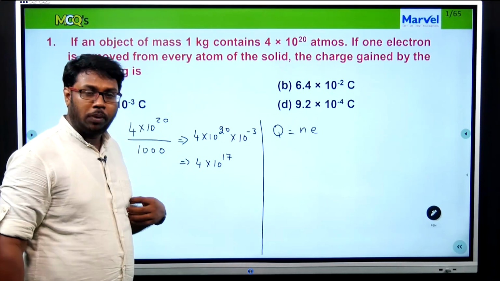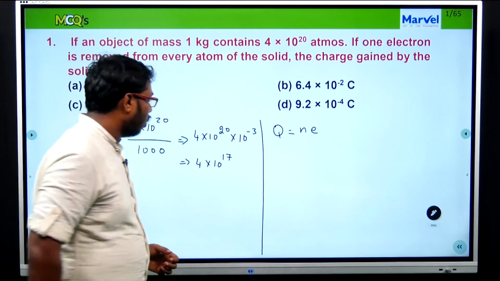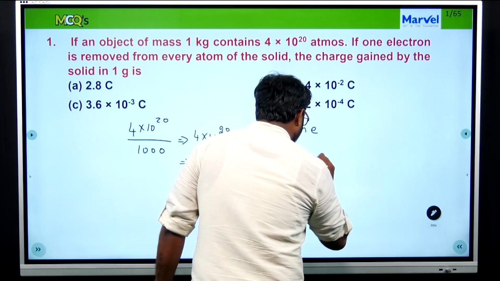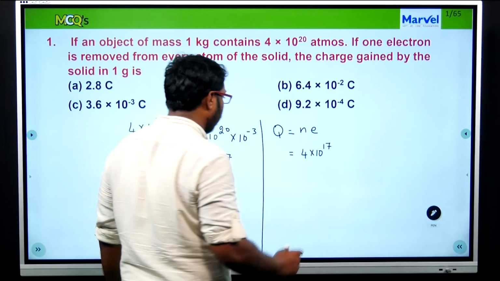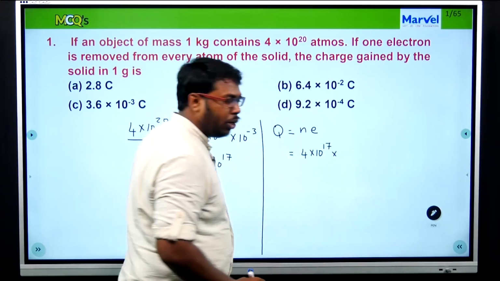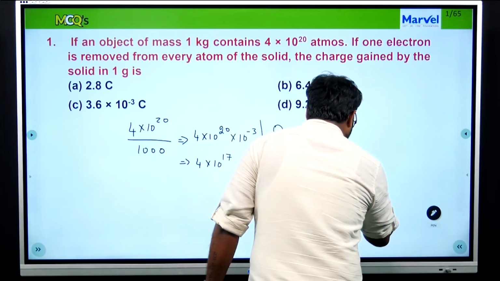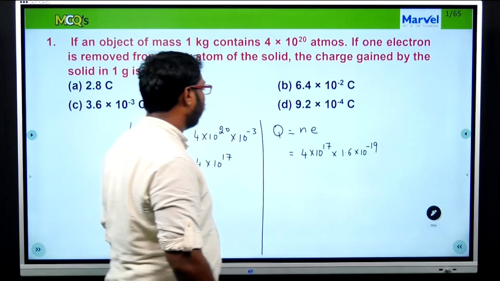So I assume that this much amount of electron is being removed. So now the charge is equal to 4 into 10 power 17 into what is the magnitude of the charge? It is 1.6 into 10 power minus 19 coulomb.